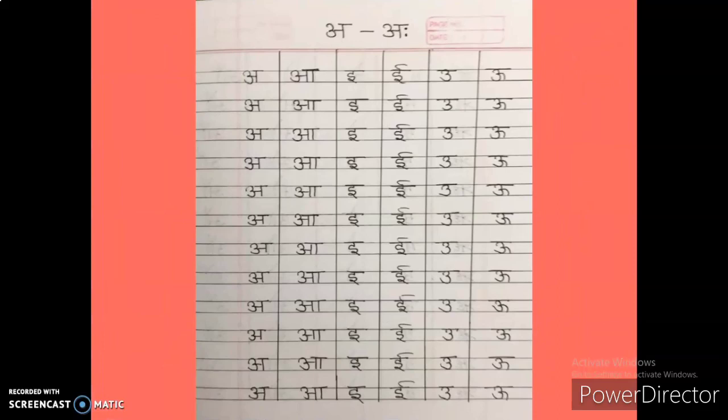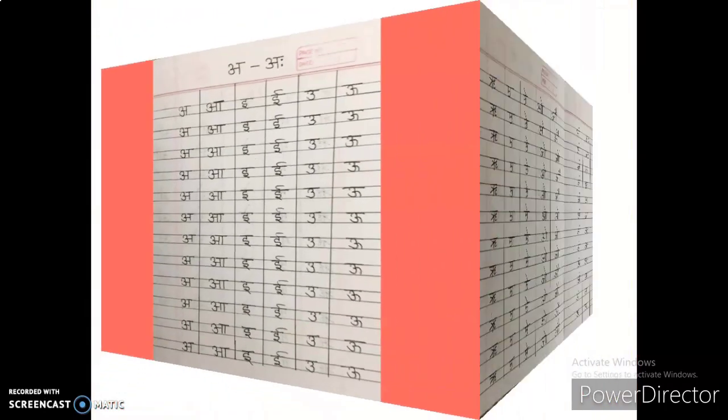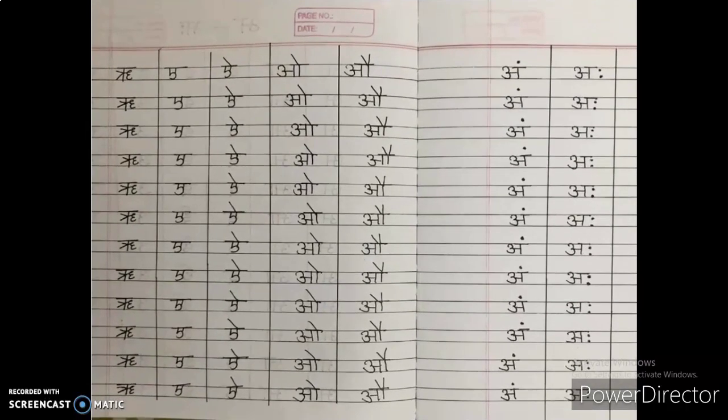In our Marathi notebook, we have to write 2 pages of a to aha. On one page, write a to u, one letter, full one line. Okay, so like that you have to write a to u on one page. On next page, write ru to au, and on the third page you can write and aha.